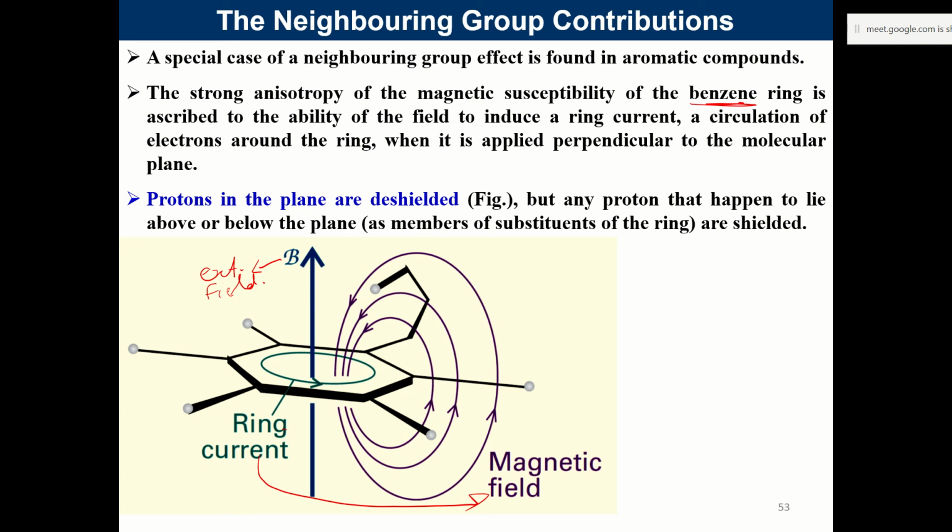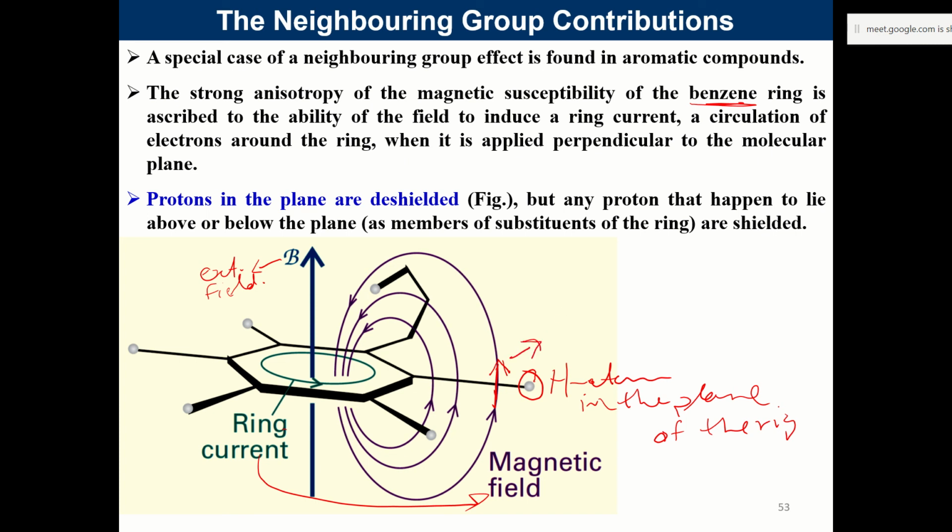Now look at the hydrogen which is here in the plane of the ring. This is a hydrogen atom in the plane of the ring. The B is pointing in this direction. The magnetic field produced due to the ring current is pointing in the same direction as the external field.